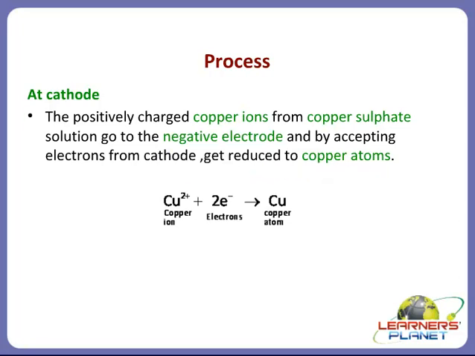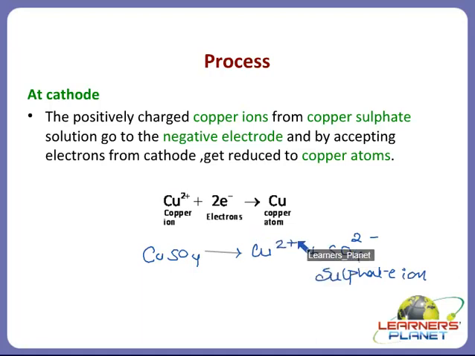Fine, I told you that on passing electric current, copper sulfate dissociates, forming copper ions and sulfate ions. So CuSO4, on passing electric current, gets dissociated, forming Cu2+ and SO4 2- ions. This is a sulfate ion.